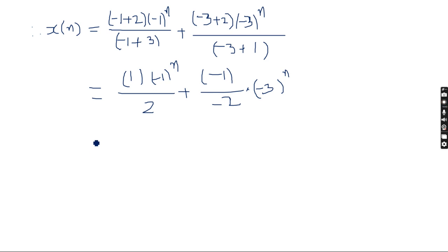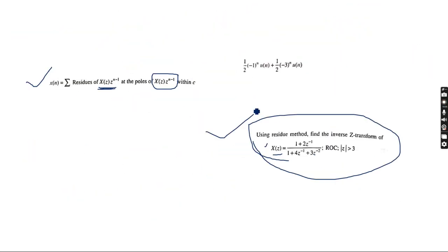So then what is the value here? One by 2 into minus 1 whole to the power of n, plus 1 by 2 into minus 3 whole to the power of n. So this is the answer.